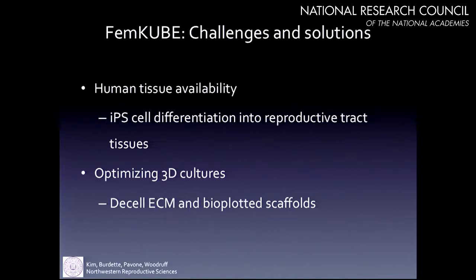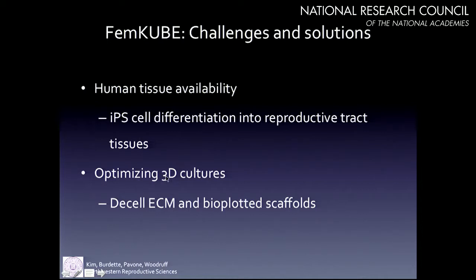And so we are trying to develop some of these tissues using iPS cells. This has never been done before in the reproductive tract, so it's going to be quite a challenge, but I think we can do it. And so that at least will give us a nice consistent pool of cells, or a good cell source, for us to study such tissues in vitro.